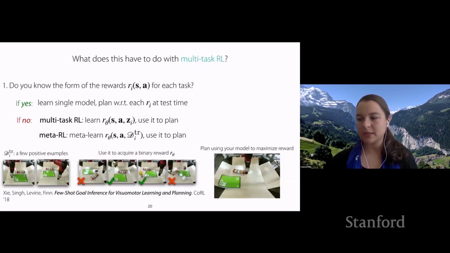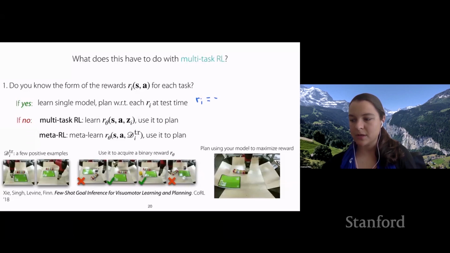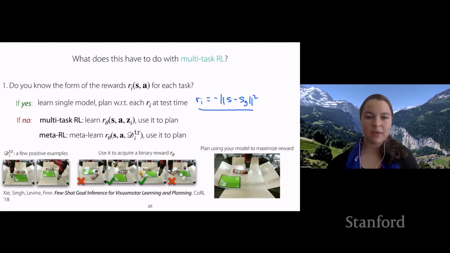In the case of writing a digit or trying to manipulate a ball to a certain location, the reward function may be something that equals the negative distance between the state and the goal state for that ball. And if you have this equation, then you can just learn a model and plan with respect to this equation.